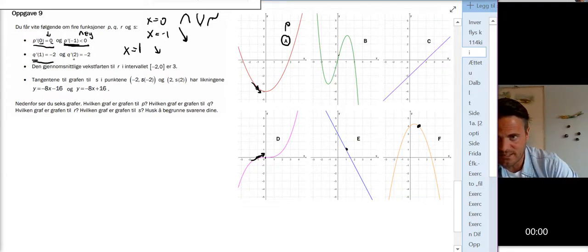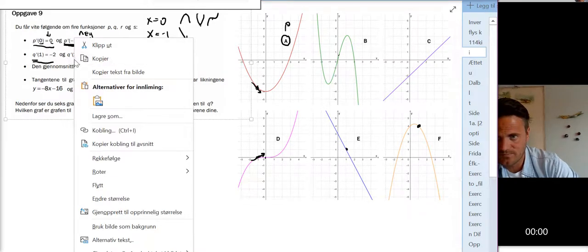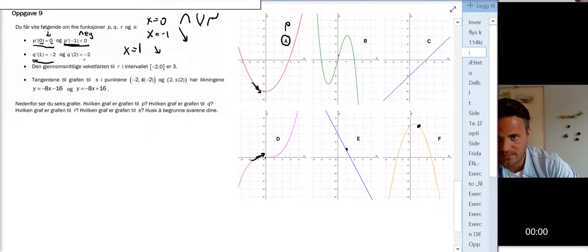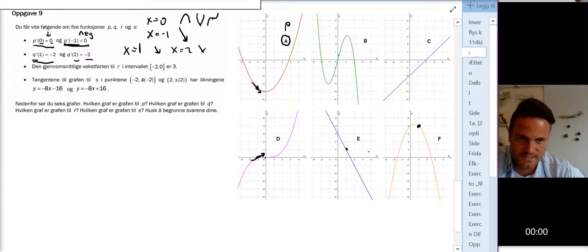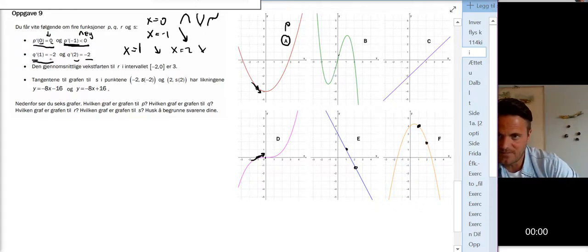But here we see that when x is 2, the graph is decreasing also here. So when x is 2, it's also decreasing. And this fits both of them. But we see that the rate of change is -2 at each point, so it should be decreasing at the same rate of change at both these points.